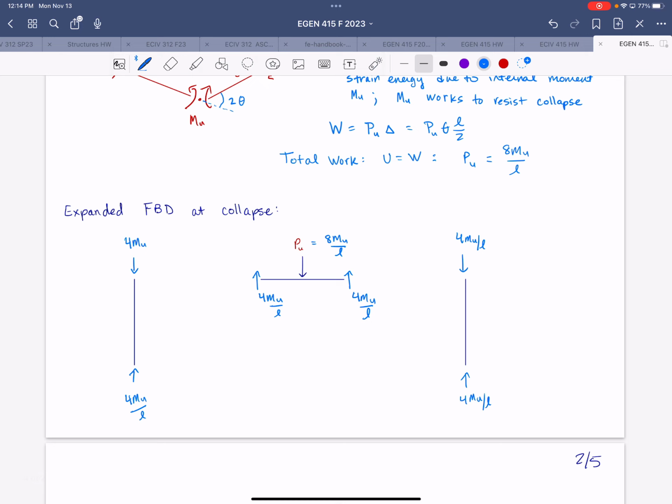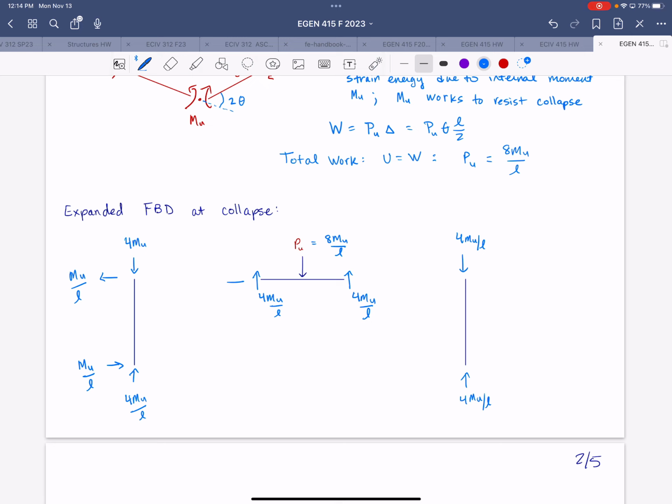So that would end up being on the column MU over L to the left at the bottom of the left column, and then to the right at the top of the right column.